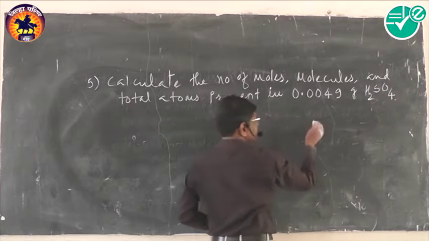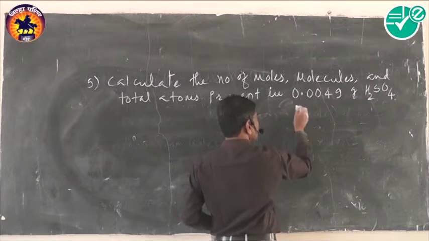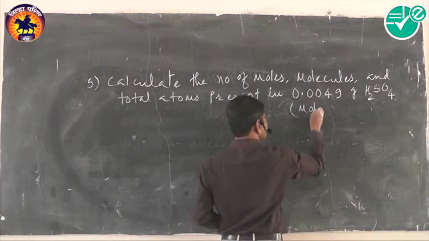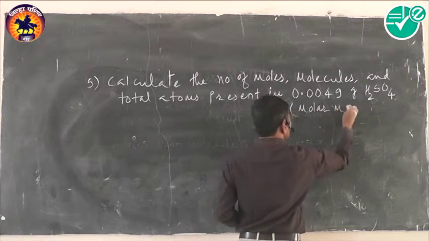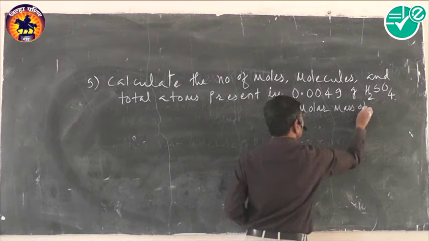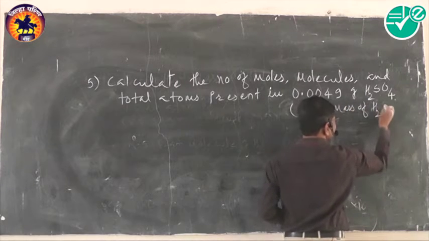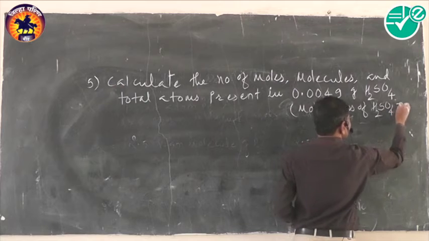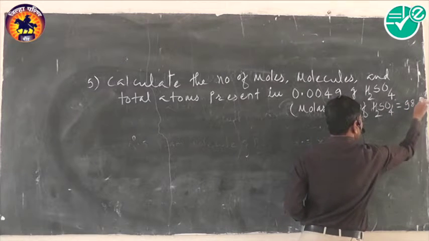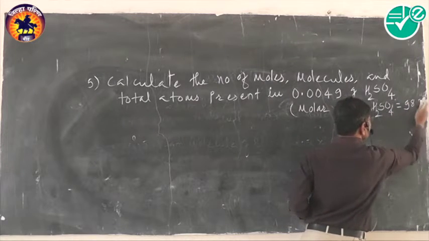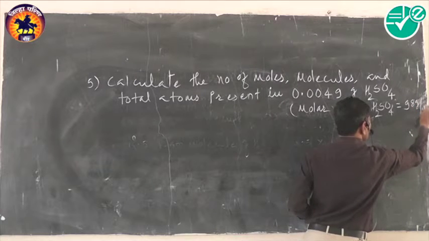Now in this problem, the molar mass of sulfuric acid is given, and so the molar mass of sulfuric acid is equal to 98 gram per mole.